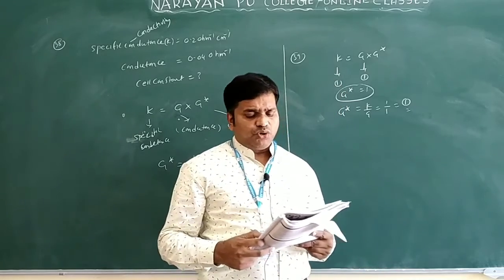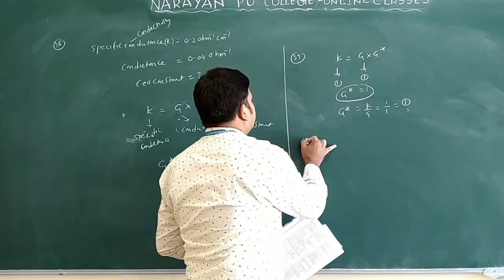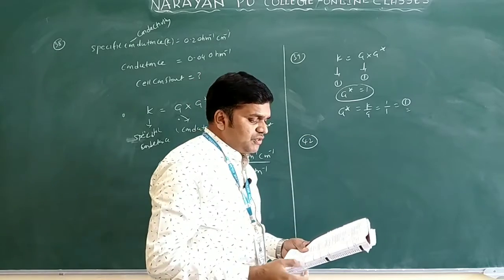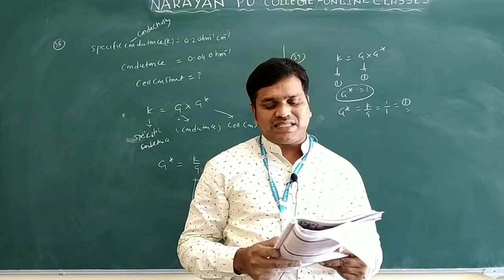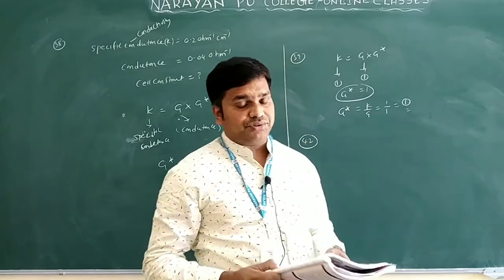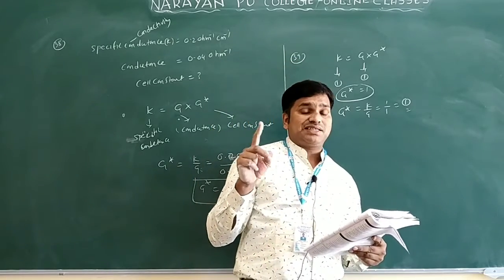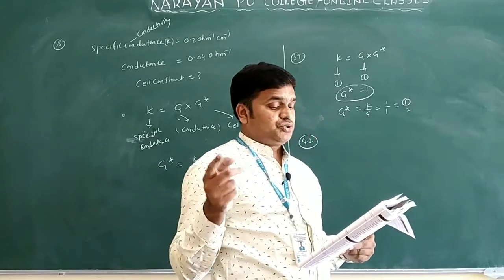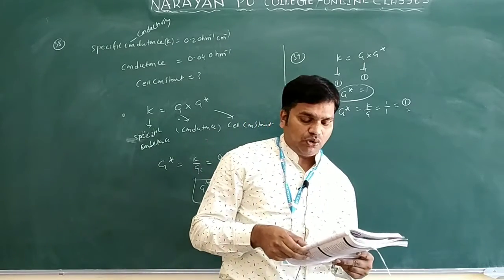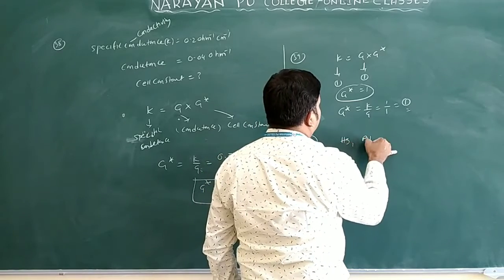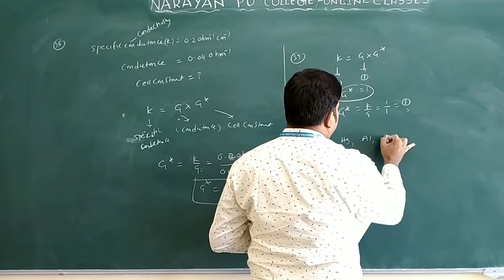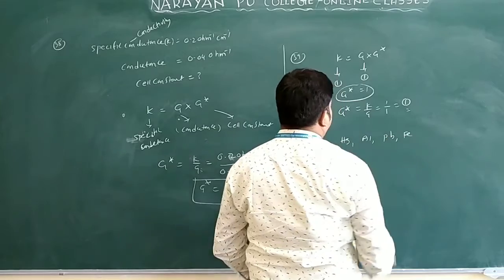Next, question number 42. Which of the following metals cannot evolve H2 from acids or water? The options are given: mercury, aluminum, lead, iron.